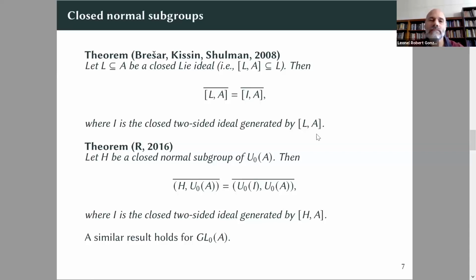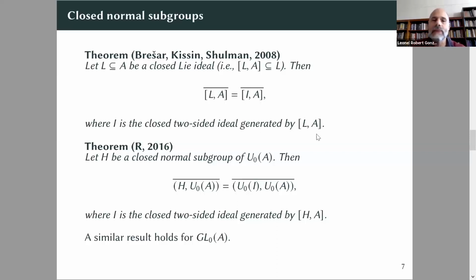So the second theorem is the multiplicative version. We use properties of the exponential map in a not so obvious way. We get that if you have any closed normal subgroup of the unitary group, then taking multiplicative commutators with the whole group and taking the closure is the same as taking multiplicative commutators of unitaries arising from an ideal I and taking the closure.